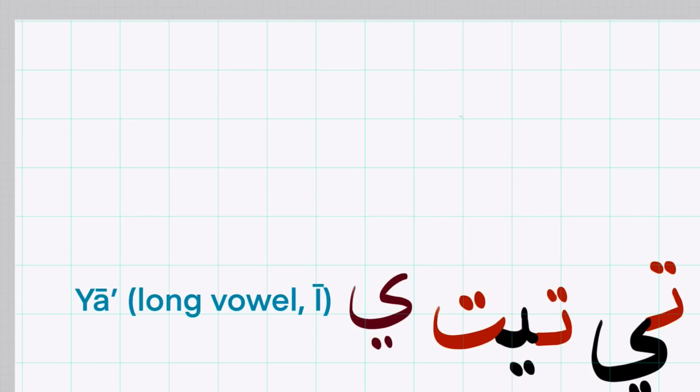Here you see the ya or ee long vowel attached to the ta. So it becomes tee. And if the ya long vowel or ee long vowel is attached to the ta letter in the middle of a word, let's say you have an imaginary word teet, this is how it looks. Let's practice.